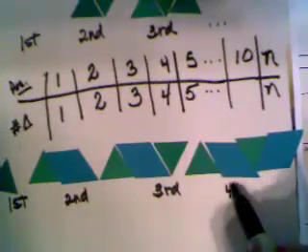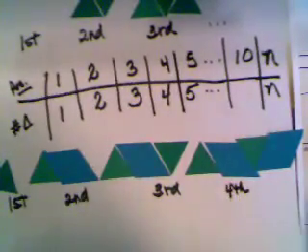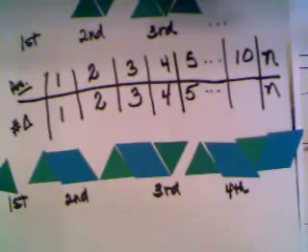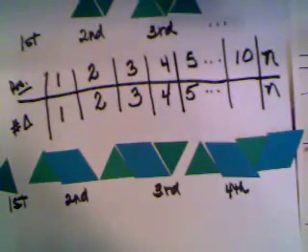So this now is my fourth. Now if I ask you what would happen on the fifth, that would be easy. But now when I ask you what would happen on the 10th, you might have to think about it. And then when we look for our generalization, we're going to have to think about not only the number of triangles, but we're going to have to think about the number of parallelograms.